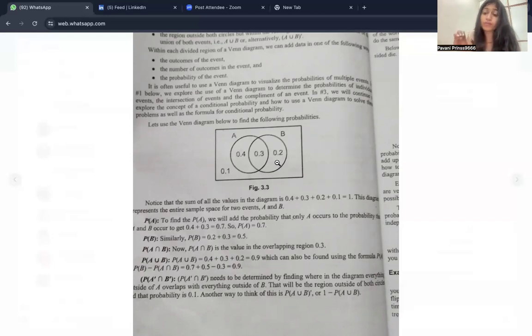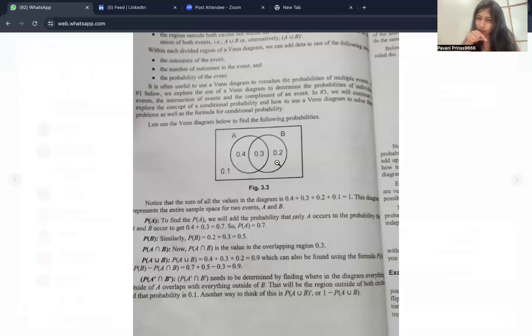Now, there is a formula for P of A union B: probability of A plus probability of B minus probability of A intersection B. That means total in A, total in B, and you subtract the intersection part, the ones in both. 0.3 are there. So 0.7 plus 0.5 minus 0.3. How much did you get? 0.9.